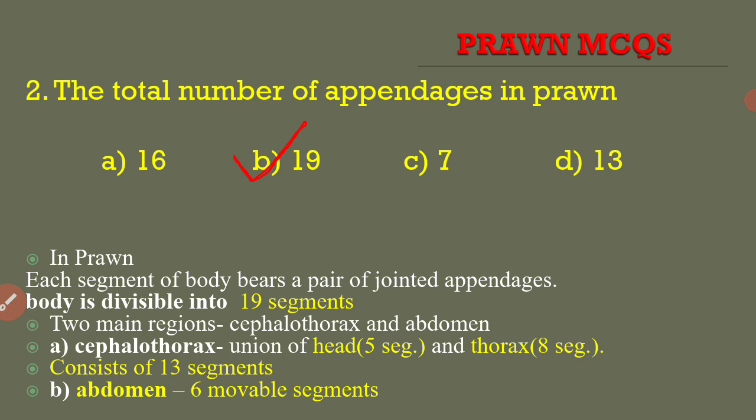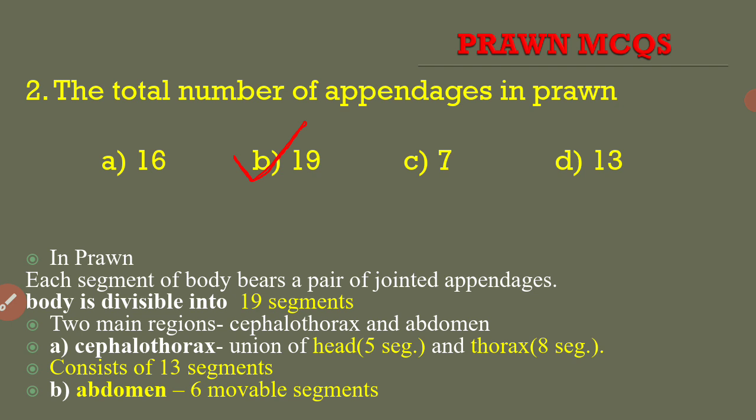The cephalothorax region is a union of the cephalic region, that is the head portion, which comprises 5 segments, and the thorax portion, which comprises 8 segments. So totally the cephalothorax region consists of 13 segments, and the remaining 6 movable segments form the abdomen part of the body in prawn.